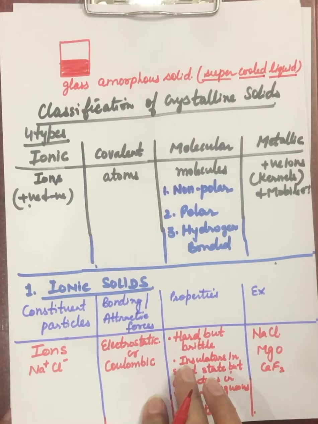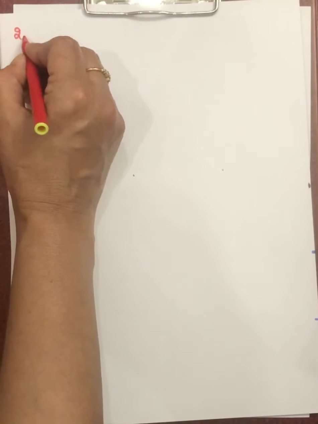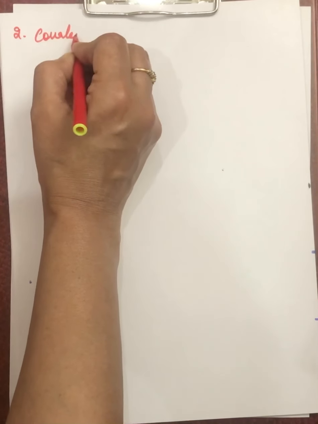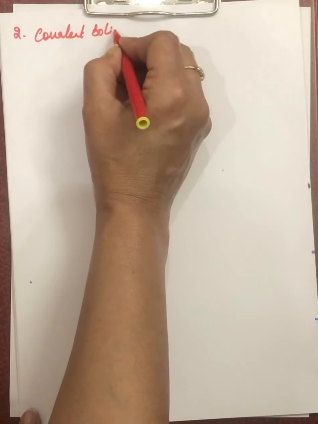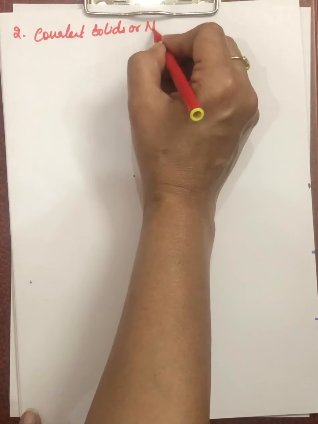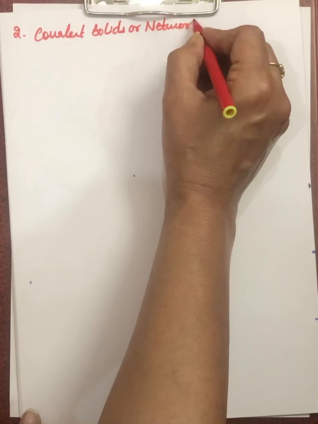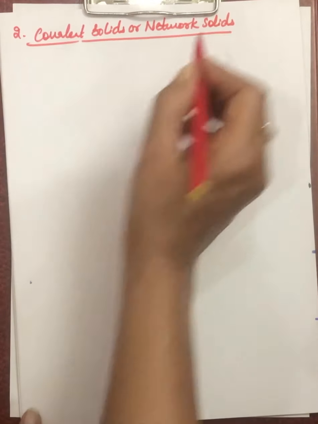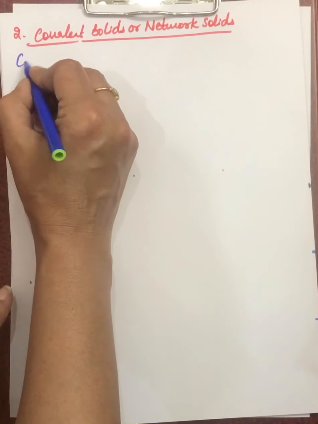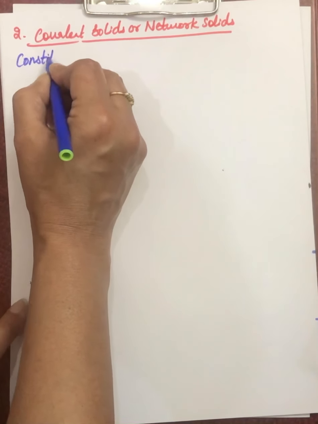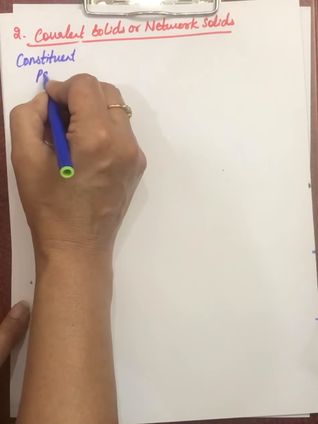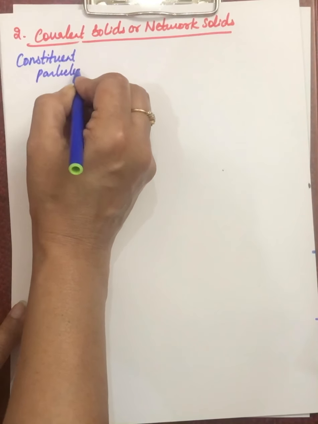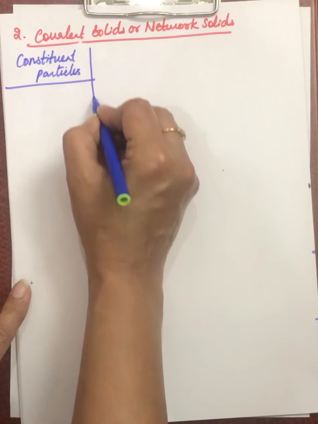So the constituent particles in these, bonding in these, the properties of ionic solids, and examples of ionic solids. After ionic solids, we are moving on to the second type of solids, which are called covalent solids, or also called network solids. The constituent particles here, as we have done, are atoms.